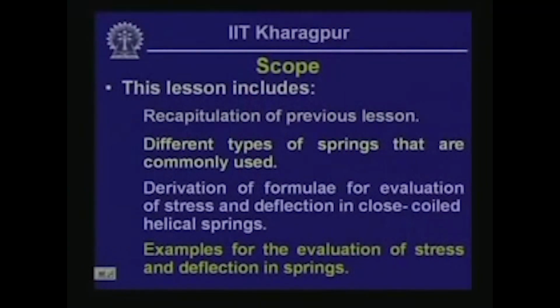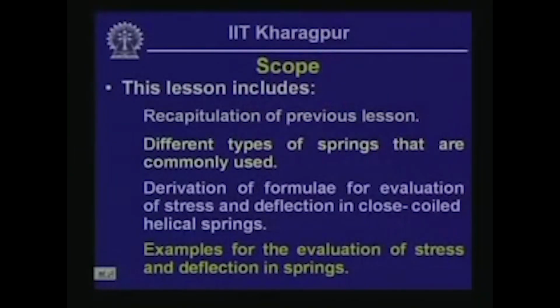Also, we will look into the different types of springs that are commonly used, and this particular lesson includes the derivation of formulae for evaluation of stress and deflection in closed coil helical springs. In fact, we will make use of the already derived formulae for the members, where we have seen how to calculate stresses for different types of forces such as axial force or the shear force or the bending moment or the twisting moment.